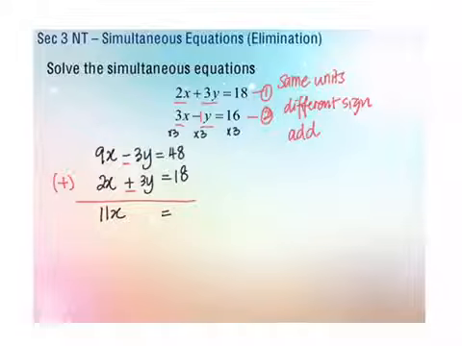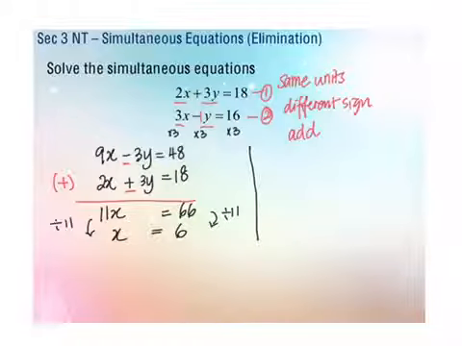48 plus 18 will give me 66. In order to get 1 unit of x, I'll need to divide by 11. Divide by 11. Therefore, I'll get x equals to 6.